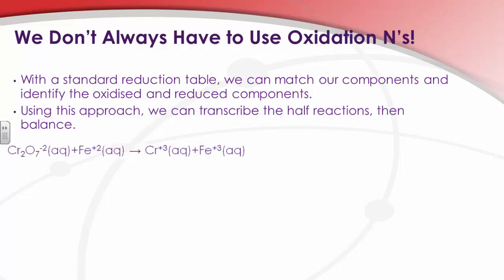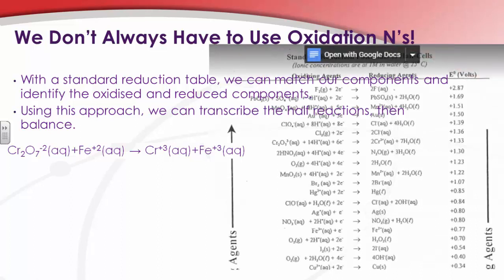Now let's take the example we had from last time with oxidation numbers. We had dichromate and iron, right? So with this dichromate and iron example that we had to generate the oxidation numbers for, we could have moved across to our standard reduction table. This is the one that you're given in class.